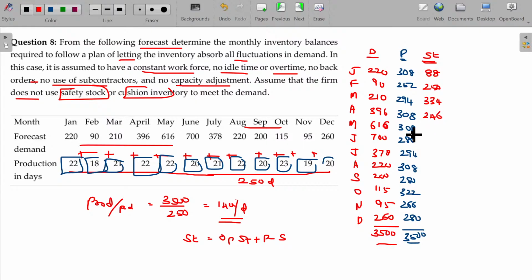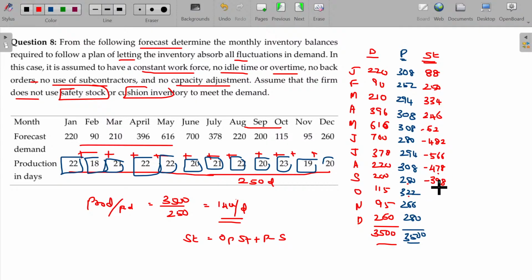Then 246 plus 308 minus 616, minus 62. Then 280 plus minus 62 minus 700, minus 482. 294 minus 482 minus 378, minus 566. 308 minus 566 minus 220, minus 478. 280 minus 478 minus 200, minus 398.